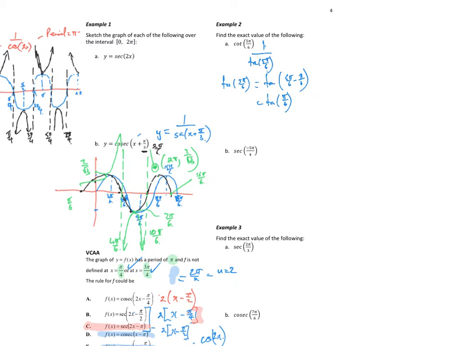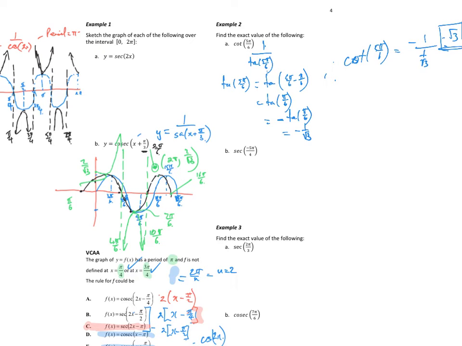So pi minus puts me in quadrant 2, so that's equal to negative tan pi on 6, which is negative 1 on root 3. Therefore, cot of 5 pi on 6 is equal to negative 1 over 1 on root 3, which is equal to negative root 3.